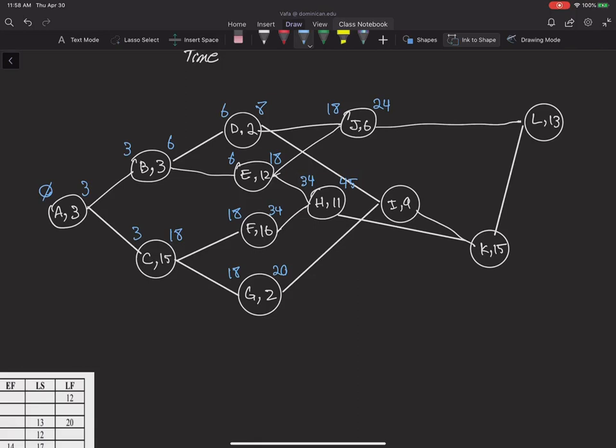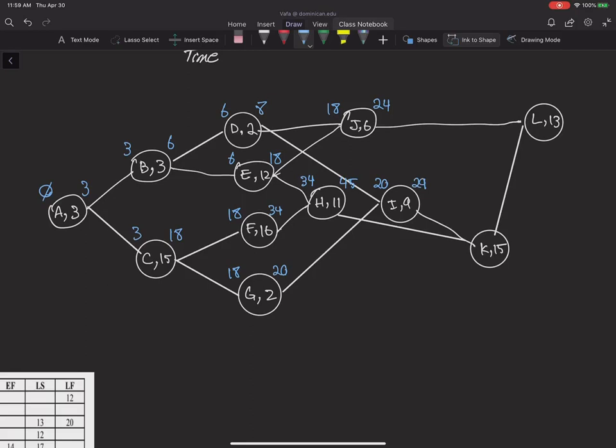Then for I, between 8 and 20, remember for I, as you can see, the predecessors are D and G. The early finish for G is 20, early finish for D is 8. So between 8 and 20, I select 20, and the early finish is going to be 29.